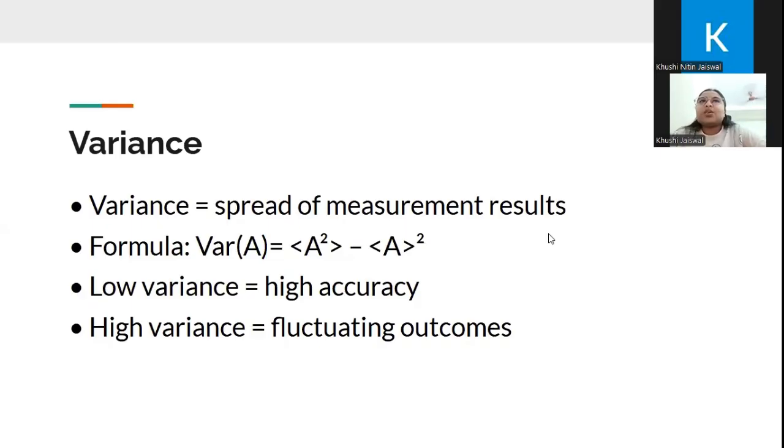The formula is: variance equals the expectation value of operator A squared minus the square of the expectation value. Here is the key takeaway: if we apply the Z operator Sz on a state that is already an eigenstate, like ket 0, the variance becomes 0.